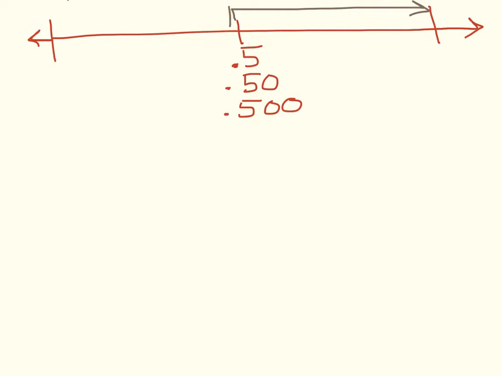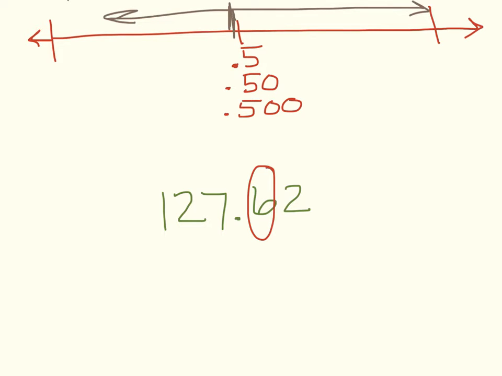If it doesn't make it to the 5, it's going back that direction. So if I were to ask you, round 127 and 62 hundredths to the nearest whole number, well, immediately you would go, well, that 6 obviously was on this side of the 5, so it rounds me up. It would round to 128.